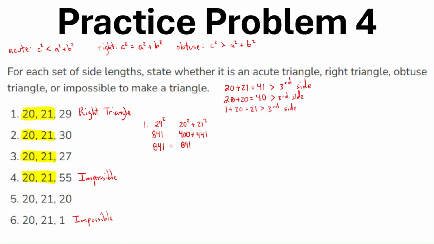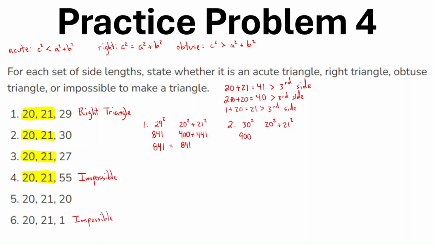Now let's look at number 2. My long side is 30. My short sides are 20 and 21. Well, 30 squared is 900. My other two sides I just figured out.